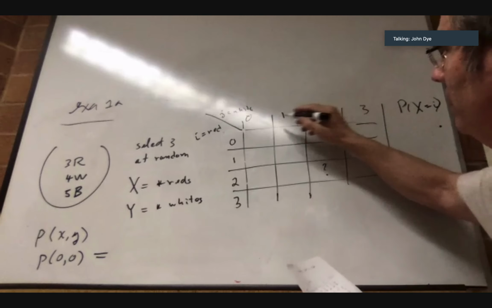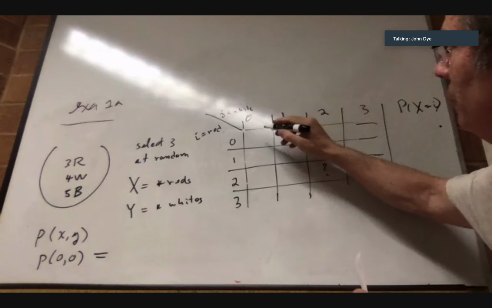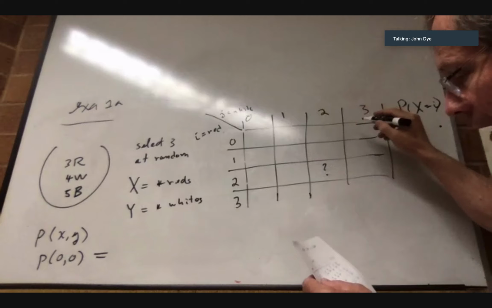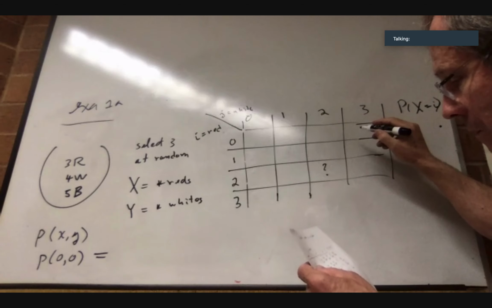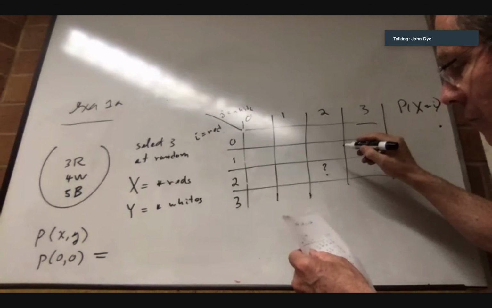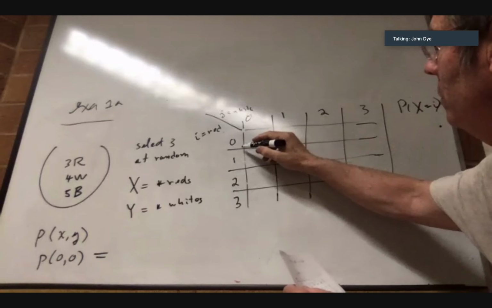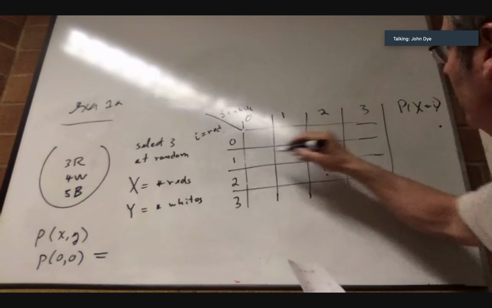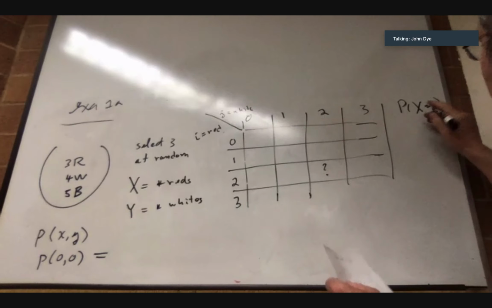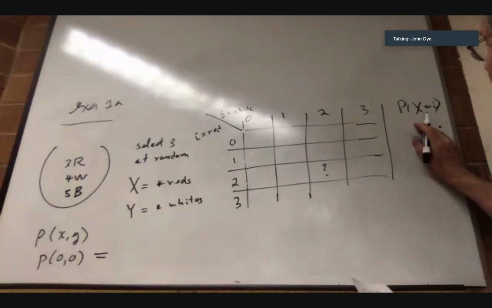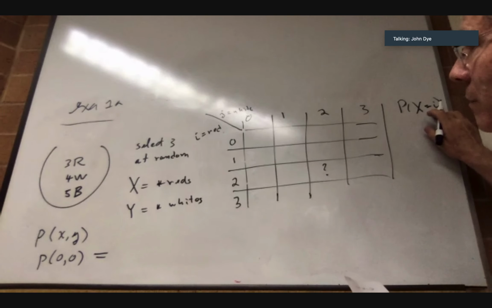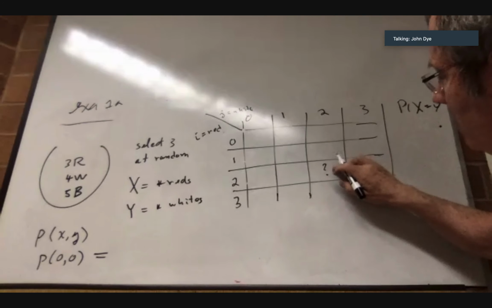This line here is different than what normally happens. This is the line for x's, the reds. This would be the marginal distribution of just looking at random variable x, of getting a certain number of reds. But I'm asking about this question right here.